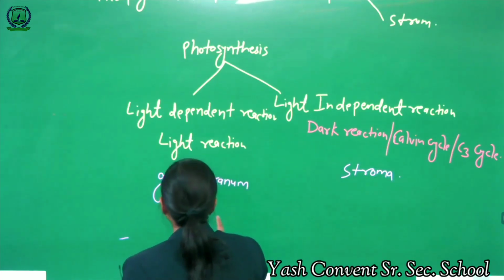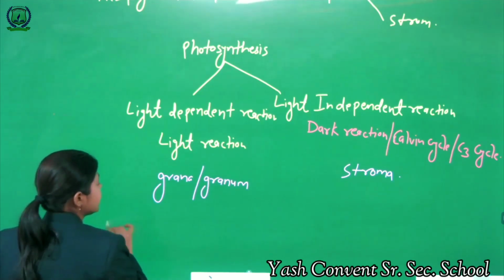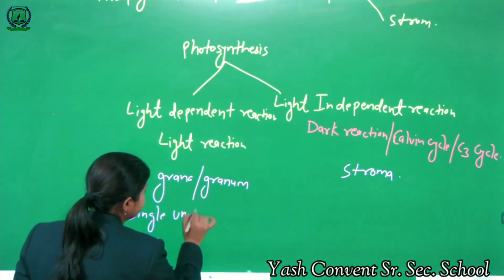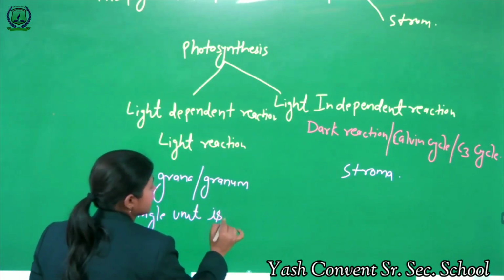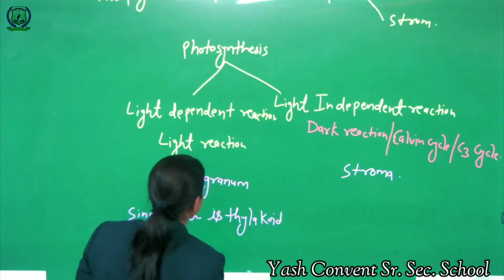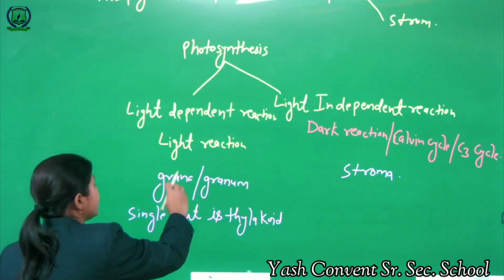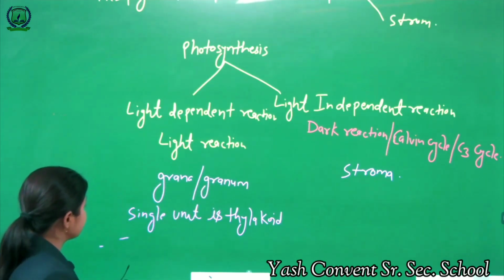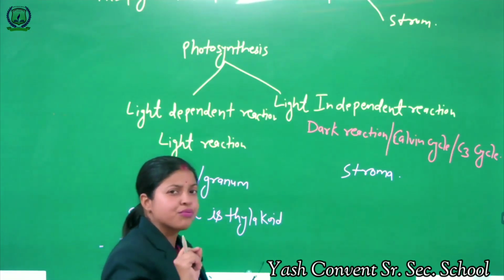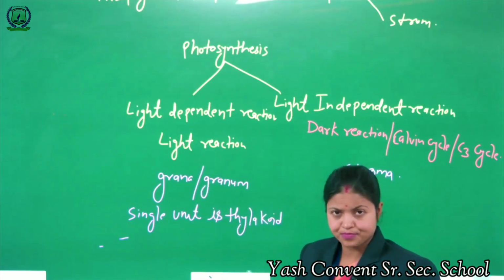The single unit of grana is called a thylakoid, and a group of 5 units of thylakoid is called grana or granum.